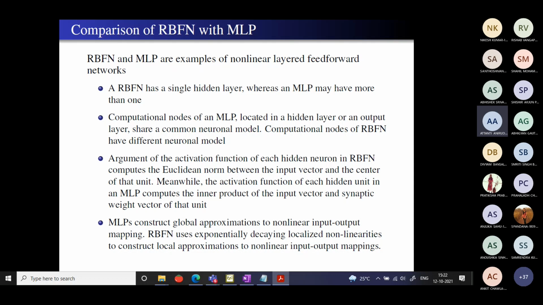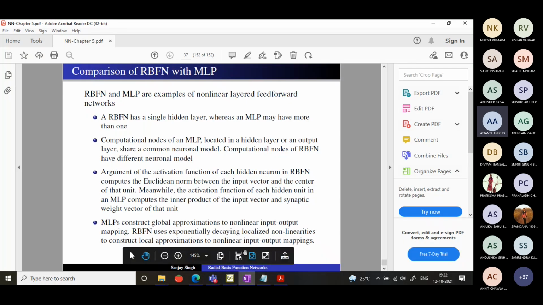Of those three functions, some are localized and some are non-localized. Localized means phi of r tends to 0 as I increase r to infinity. This is a local approximation to the nonlinear mapping, whereas here it is a global approximation. So this concludes the comparison of RBFN with MLP.